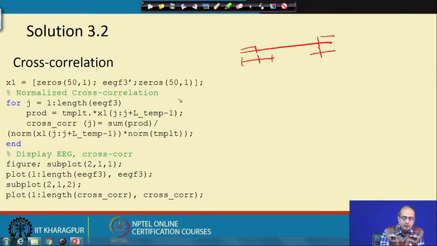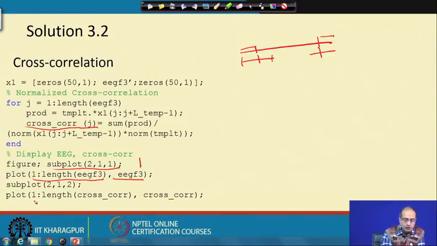And once the correlation is computed, then we have to plot that thing. So, we issue the command figure, then divide the pen into two parts. The upper part is subplot 2 1 1, then there we are plotting the signal. Here instead of the time we are giving the sample number, and we know our cross correlation coefficient also has same number of samples.